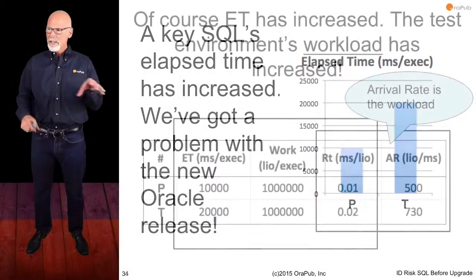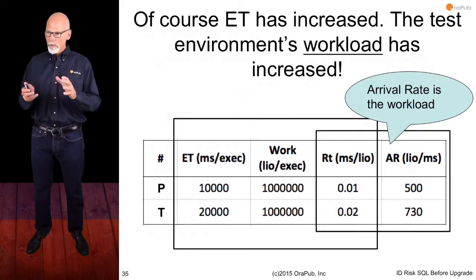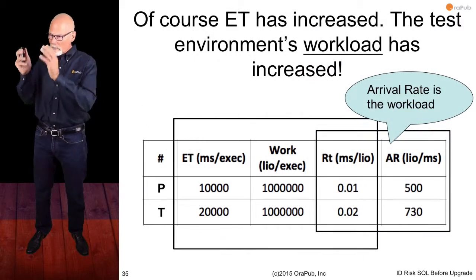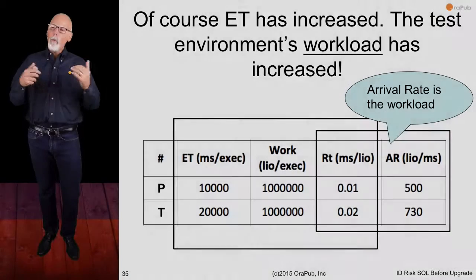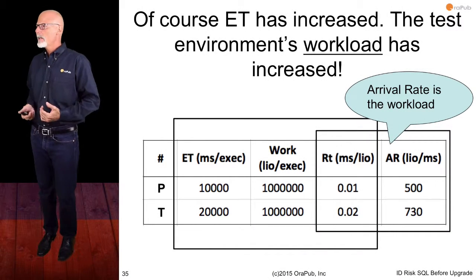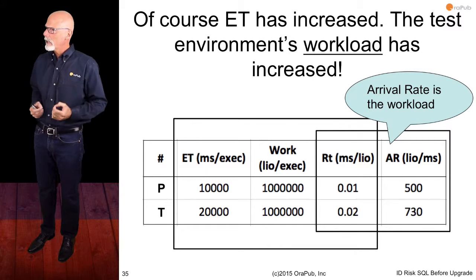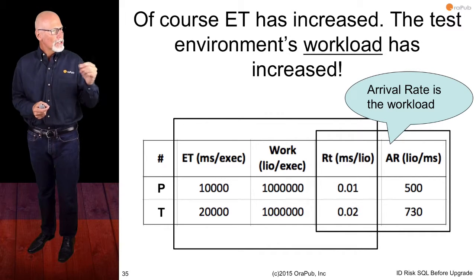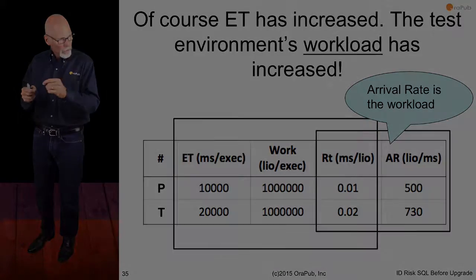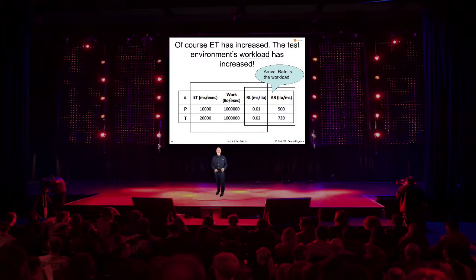Now, there's a lot in this little table right here, so we're going to go through this step by step, and I'm going to go left. Okay, now why did the response time increase? That's the kicker here, right? Why did it increase from 0.01 to 0.02? They're touching the same number of blocks, but it takes longer to run because the overall system is busier.